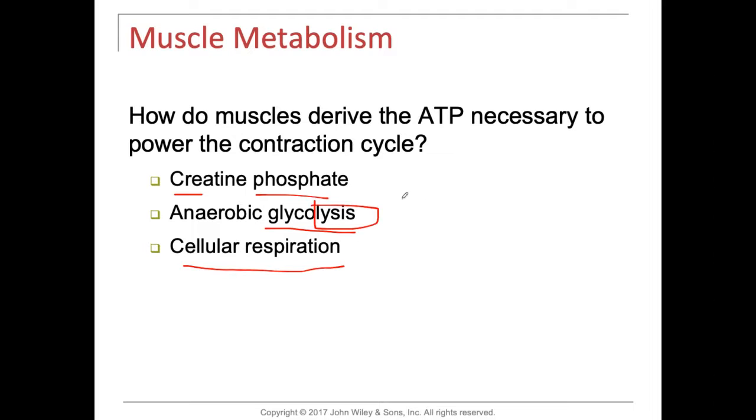Lysis means to break down. Now remember, glucose is a 6-carbon sugar. 1, 2, 3, 4, 5, 6. 6-carbon sugar. So when you split this in half, that's glycolysis.